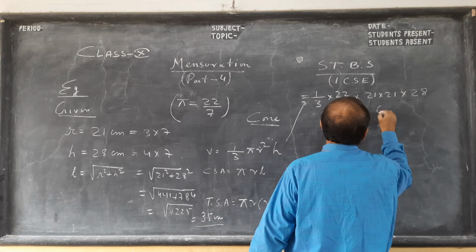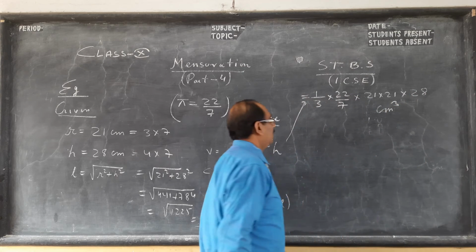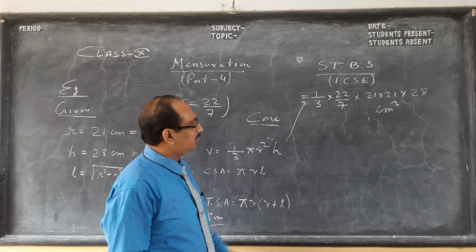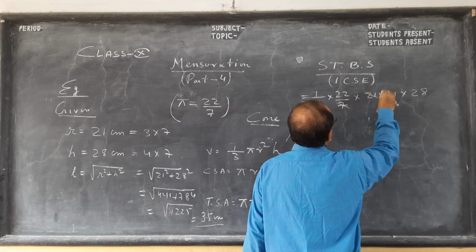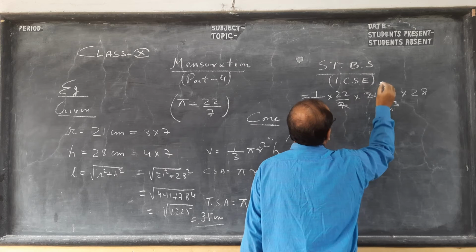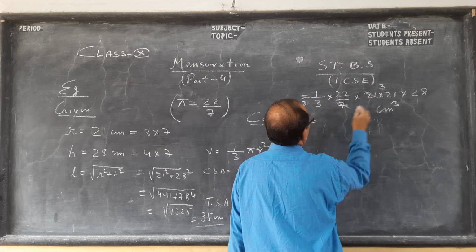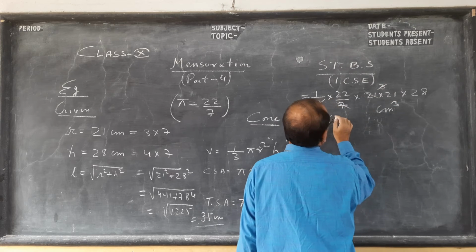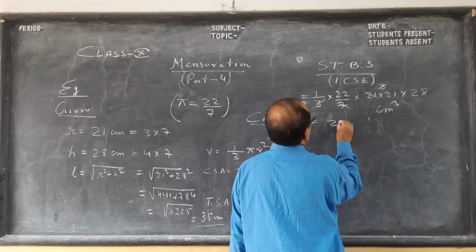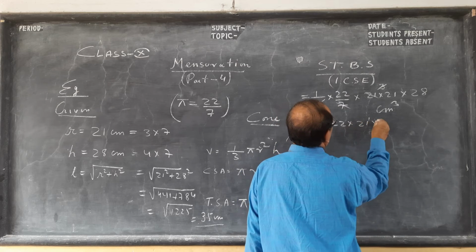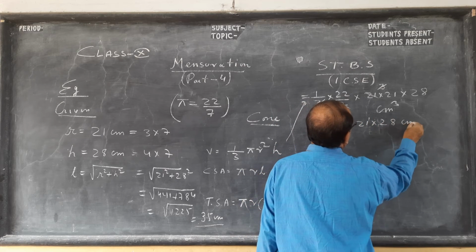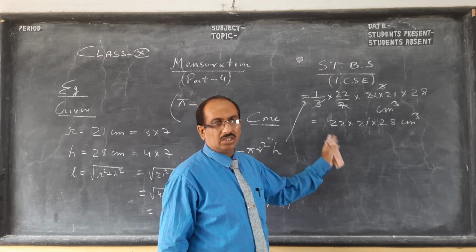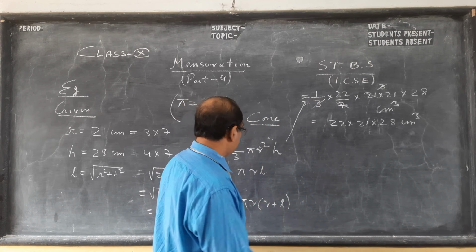So this many centimeter cube. You can cancel: 7 3s are 21. So what we get, children, is this 3 and 3 will also cancel. So what I get is 22 into 21 into 28 centimeter cube. So please multiply and do. These are multiplication and division, and I hope you can do.